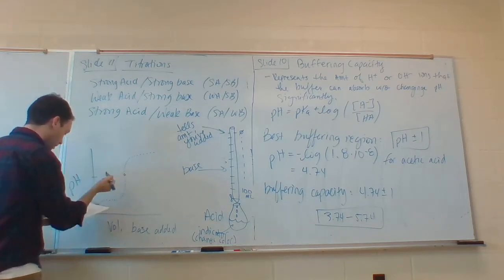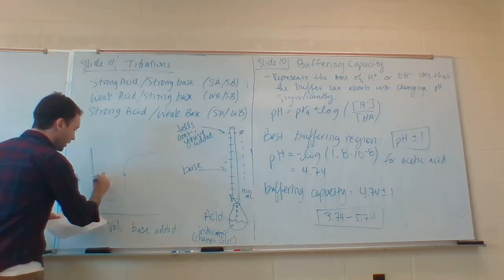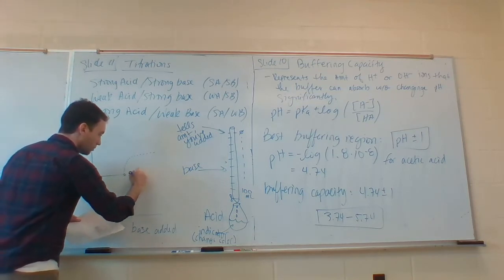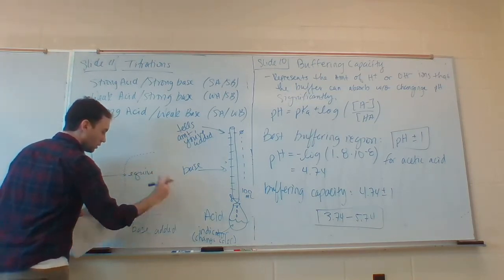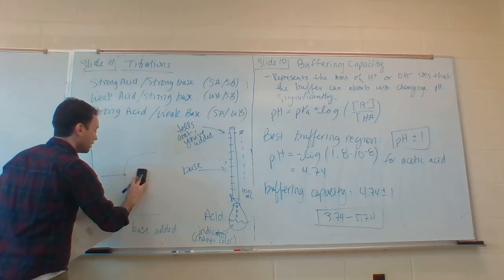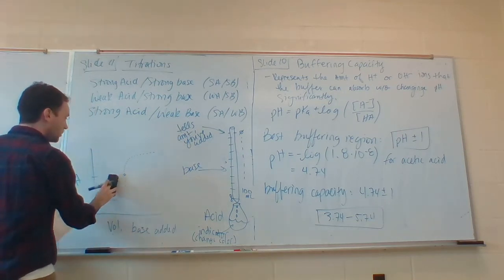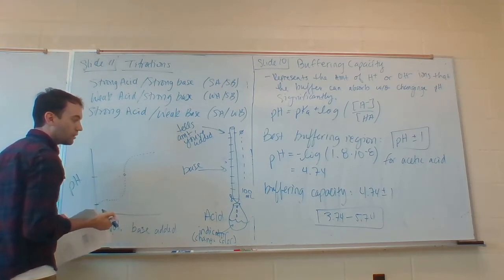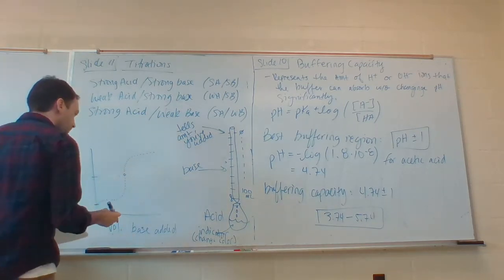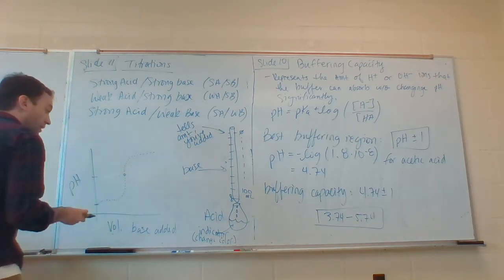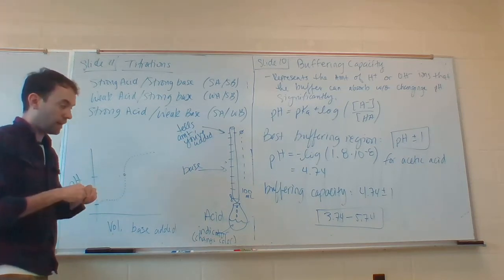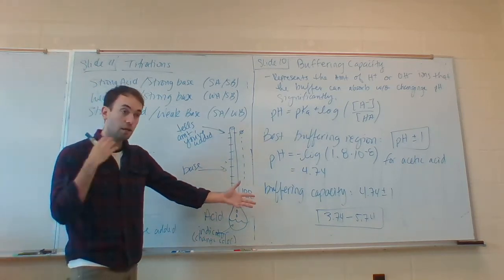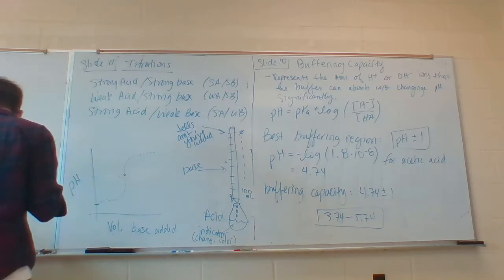So this would be your equivalence point. Actually, I won't define that yet, okay? But as we're adding it, okay, let's say that our solution started out acidic and we've added phenolphthalein. Now, phenolphthalein is a particular kind of indicator that will turn it pink, okay, as we go along.